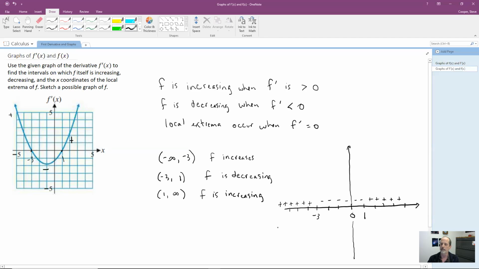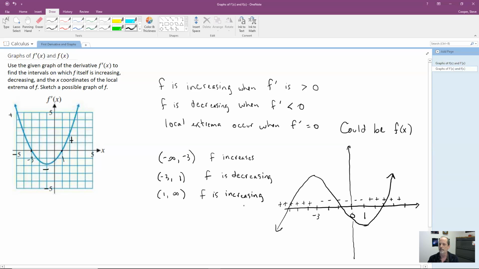So let's get an f that's increasing up to -3. And it's decreasing to +1. And then it's increasing again. So this could be f of x. Okay, right?